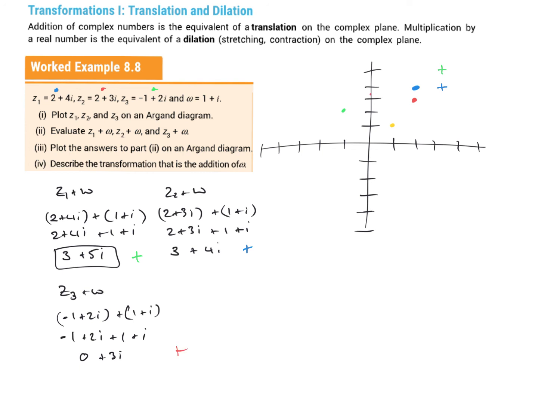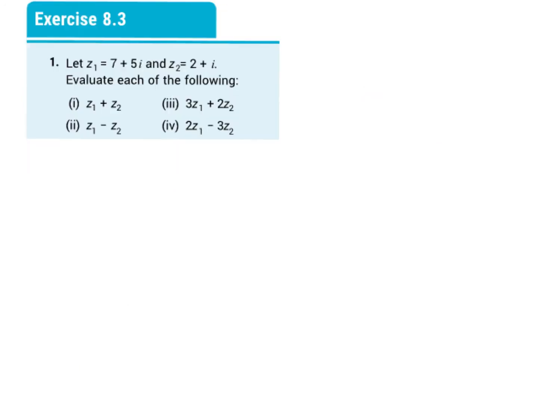So that one's going to be here. And you can see what's happened is that this has moved to here, this has moved to here, and this has moved to here, and they have all translated. So that's just a translation what's happened here because we've added them. So it's a translation.